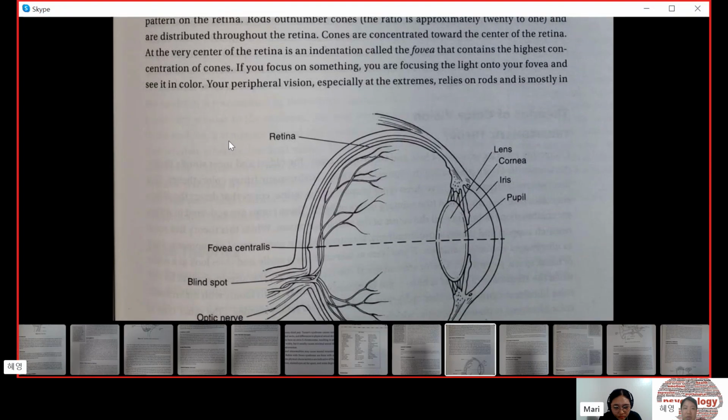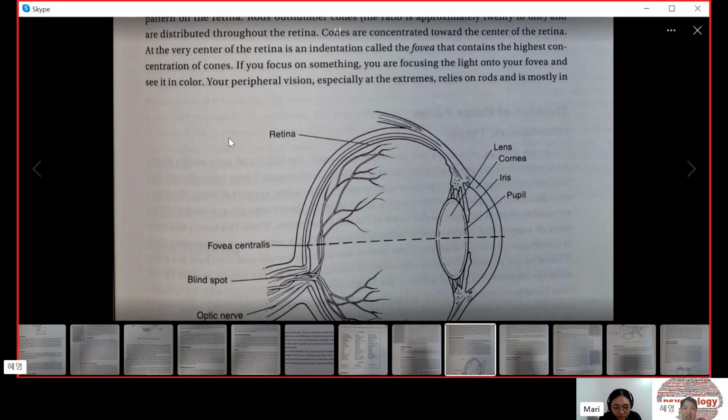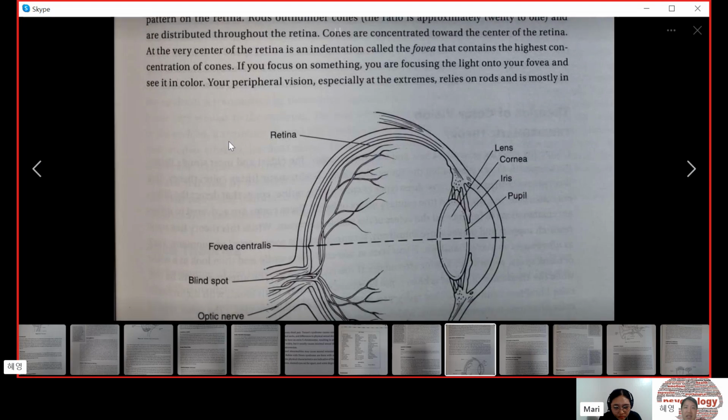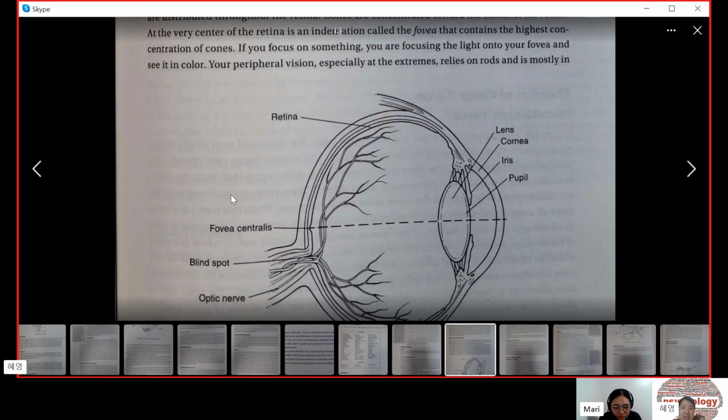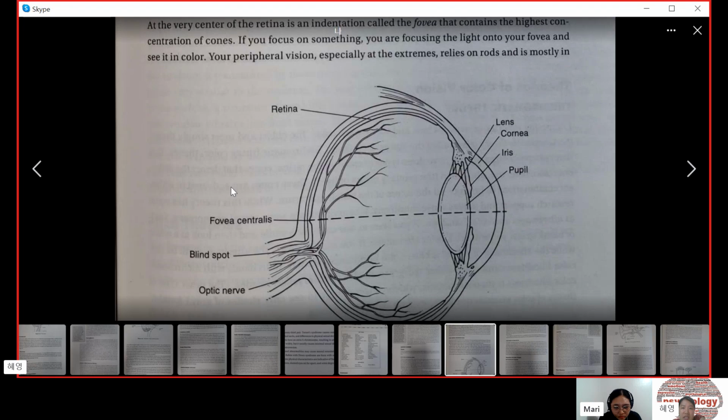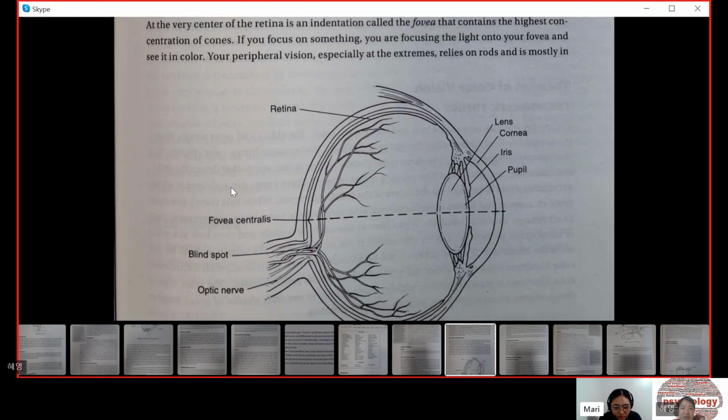At the very center of the retina is an indentation called the fovea that contains the highest concentration of cones. If you focus on something, you are focusing the light onto your fovea and see it in color.